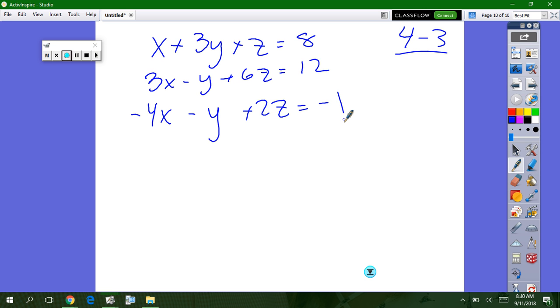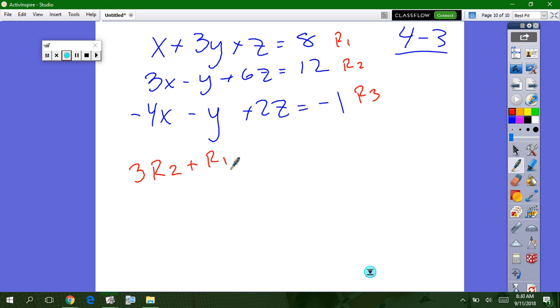Is there any of them that just add together and they get rid of something? Not right now, huh? I have to manipulate some, don't I? Okay. How about I go, this is going to be row 1, row 2, row 3. How about I go ahead and say, I'm going to multiply row 2 by 3 and add that to row 1.